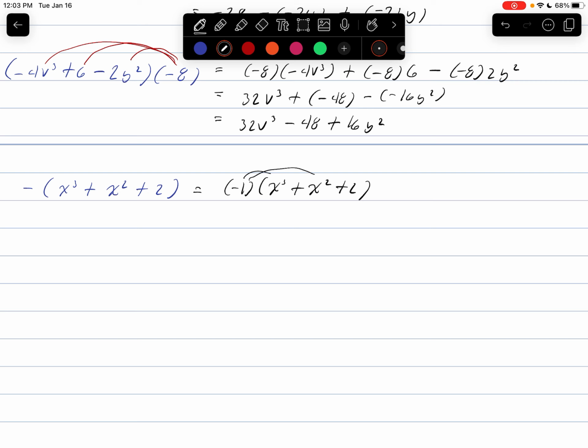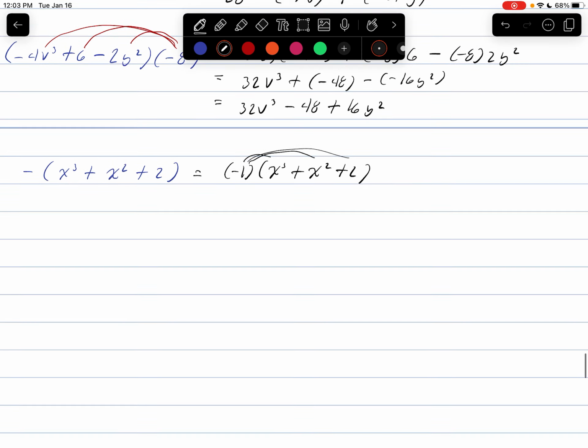So if we distribute the -1 accordingly, we're going to get -1 times x to the third plus -1 times x squared plus -1 times 2. Okay, so -1 times anything is just the negative of that number. So this is just going to become negative x to the third plus negative x squared plus -2.